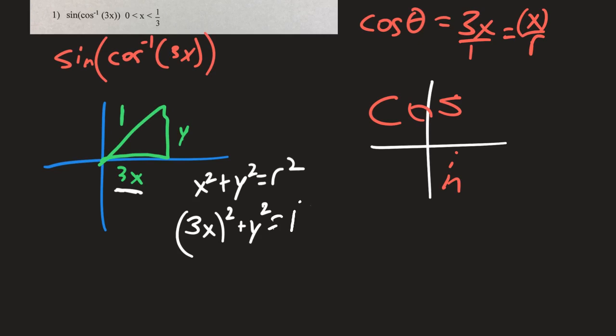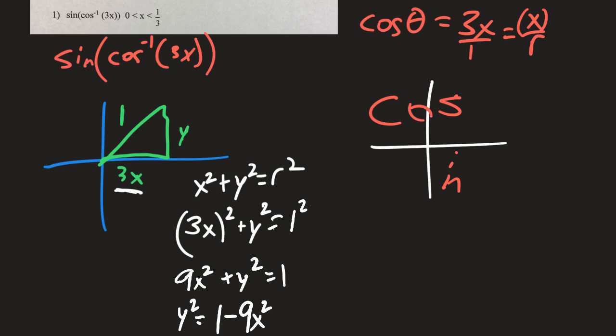So first, I'm going to go ahead and square this and get 9x squared plus y squared equals 1. And I'll move this 9x squared to the other side. I'm going to subtract 9x squared. So now I've got y squared equals 1 minus 9x squared, okay?